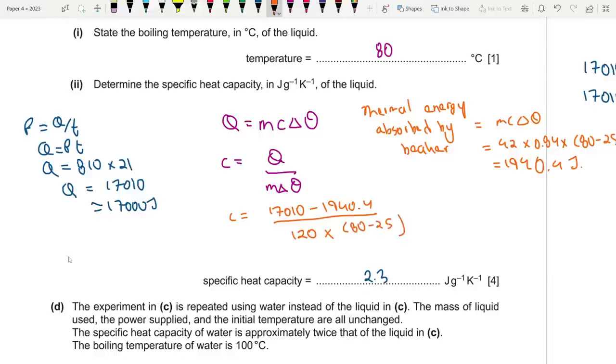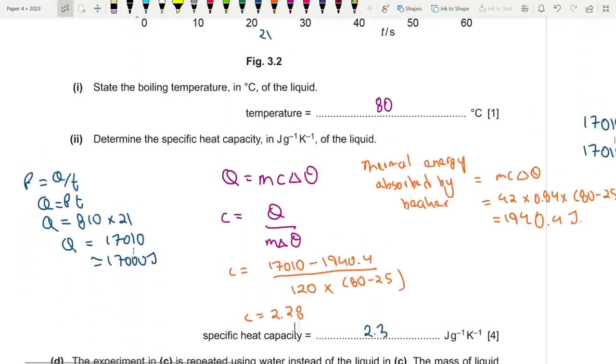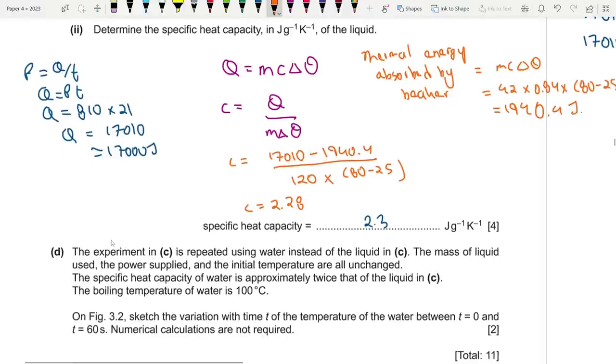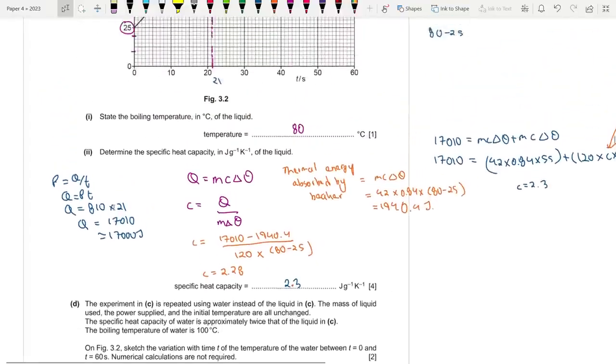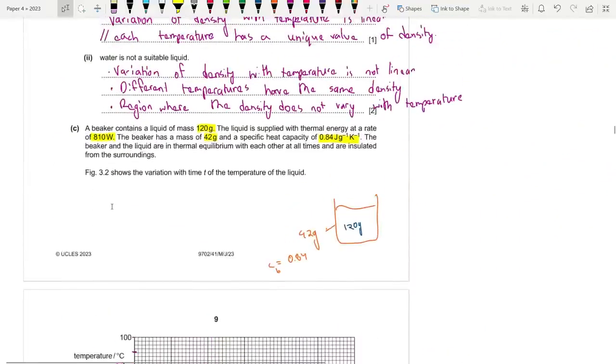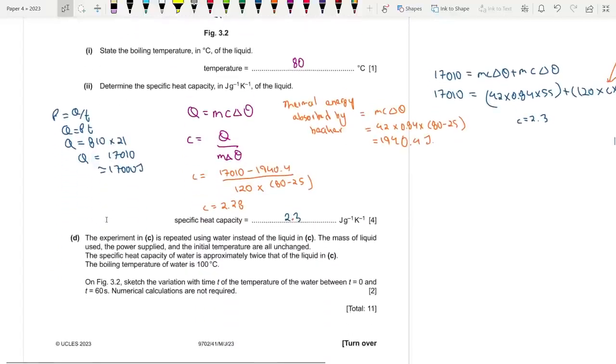So 17010 minus the answer divided by 120 times 55 gives me 2.28. However, since our data is given to a minimum of two significant figures, I'm going to opt for a 2 SF answer, which is 2.3 joules per gram per Kelvin. Quite a complicated working, honestly, compared to other thermal physics sums.